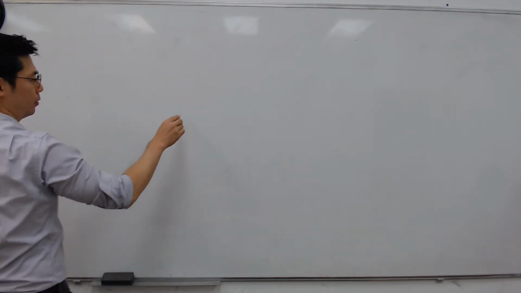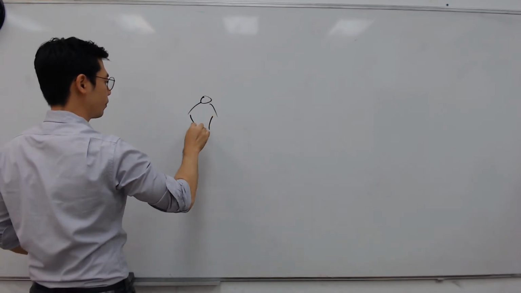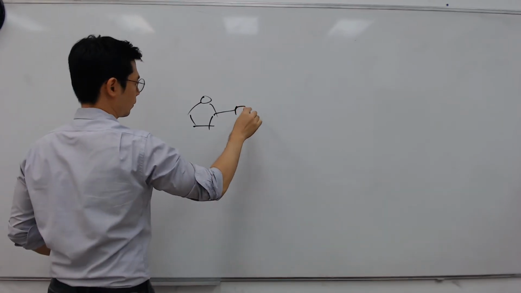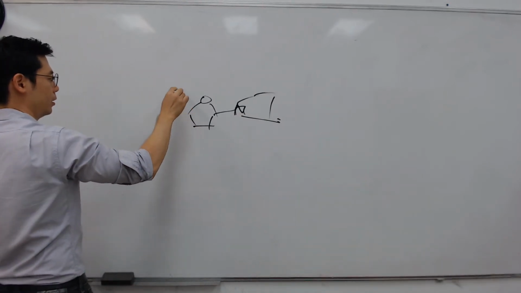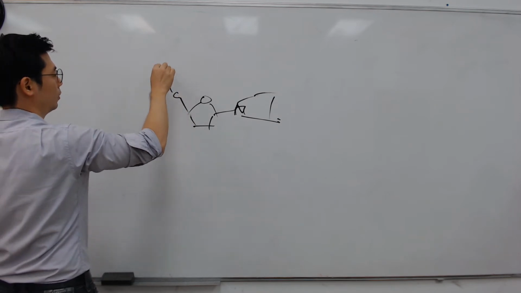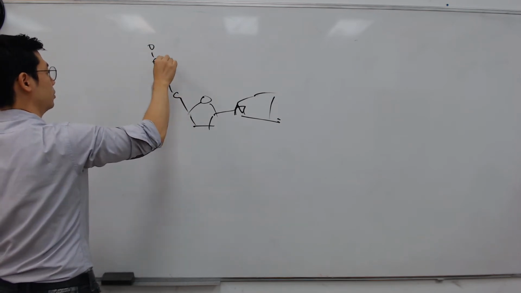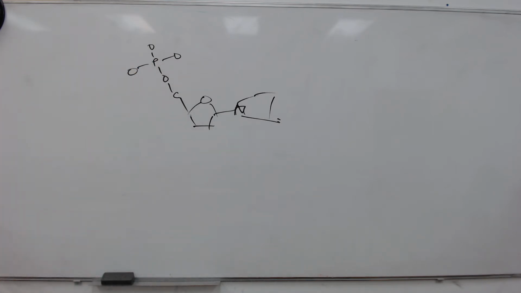I'm going to draw this very simply. Nitrogen, and then there's carbon here, oxygen, phosphate, oxygen, oxygen. That's one base.